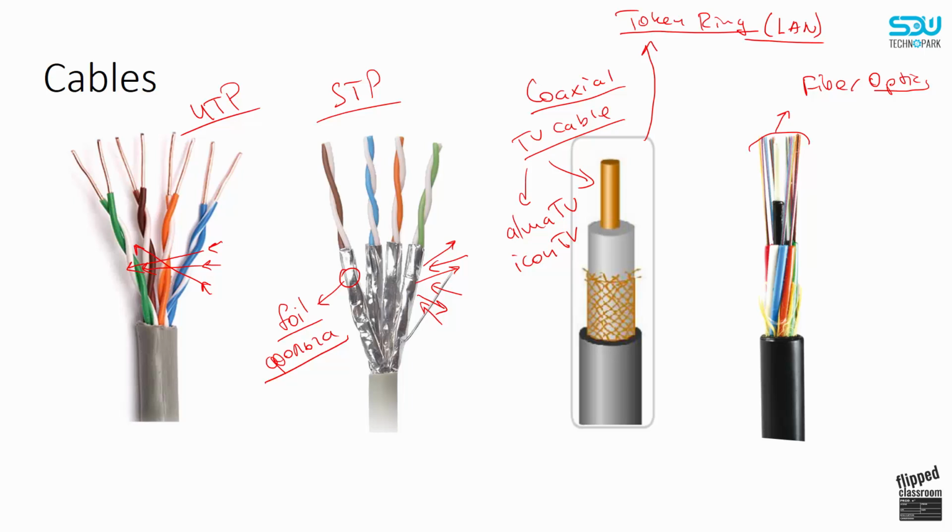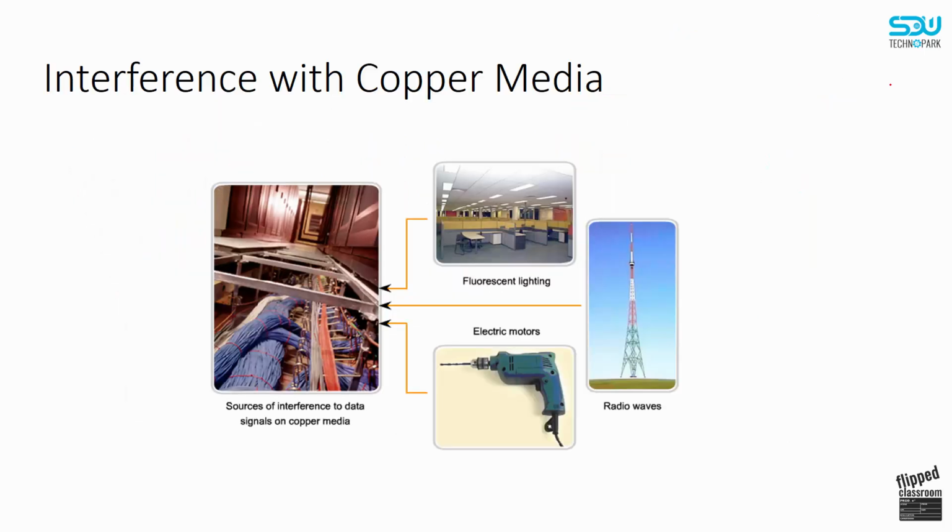Alright, now let's take a look at the interferences with the copper media. So what kind of interferences can occur? When you have some fluorescent lights, they can cause interference, or maybe nearby there is a radio wave antenna which is generating high electromagnetic signals, or some electrical motors which are working nearby these cables.